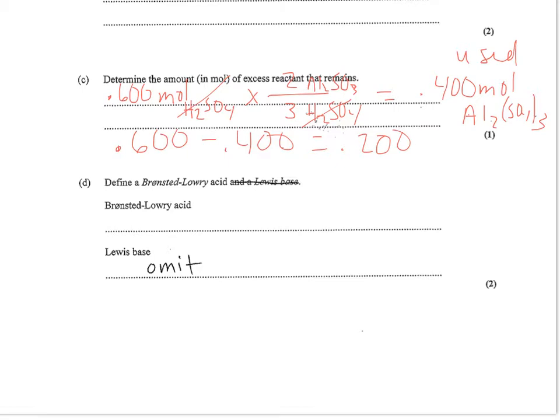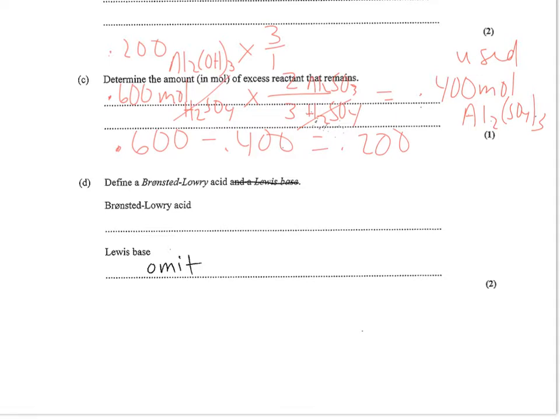The other thing I could have done is, once I realized I'm going to have 0.20 moles of product made, since this is my Al2OH3, I could use the molar ratio, my molar ratio of 3 to 2, 2 to 3, I'm having some trouble here.